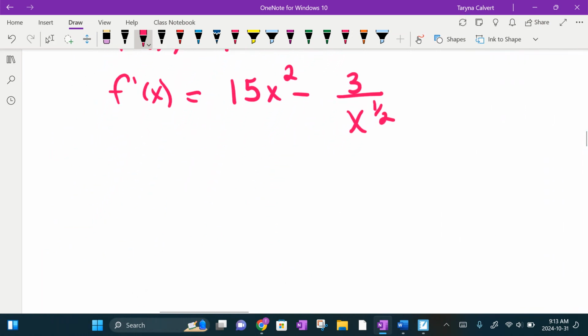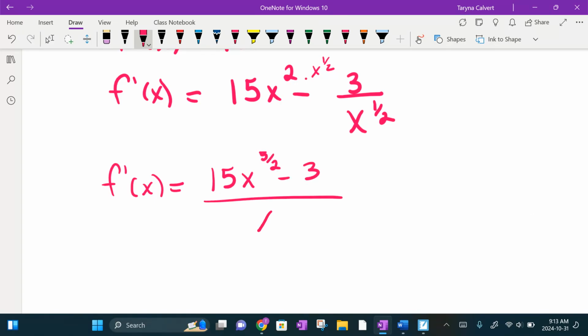So with this, guys, I would accept that answer. But will you guys be okay if they give you, because they might get a common denominator. So if they give a common denominator, we have to times this by x to the half, which would be 5 over 2 minus 3 all over x to the half.